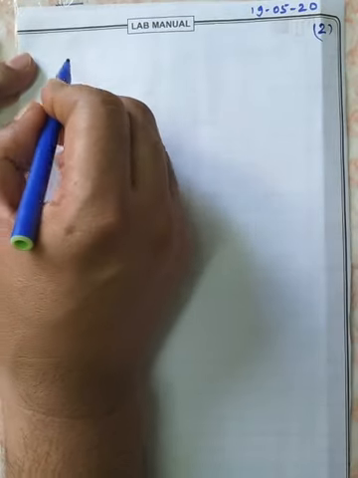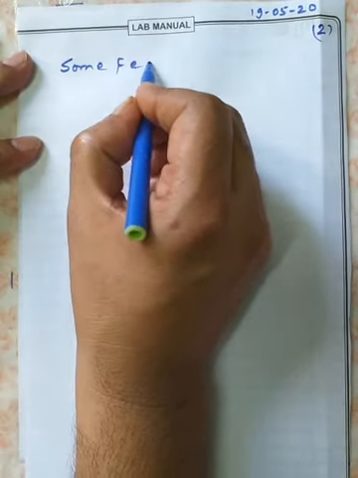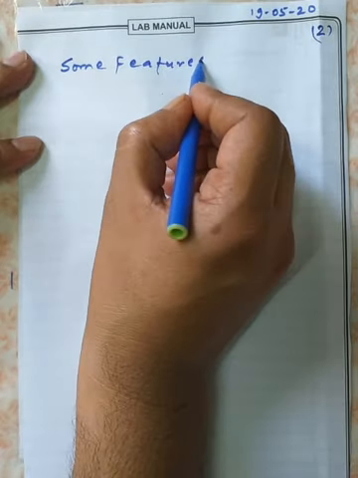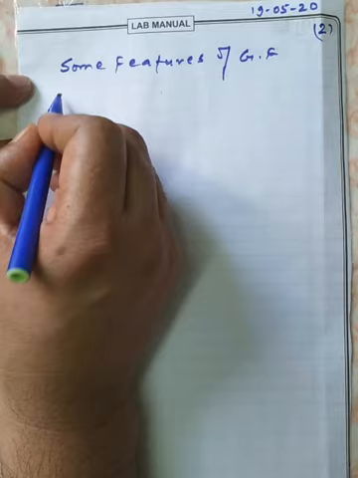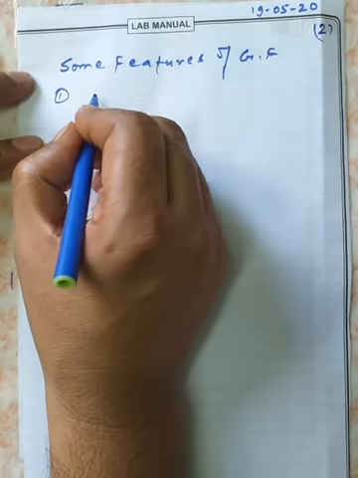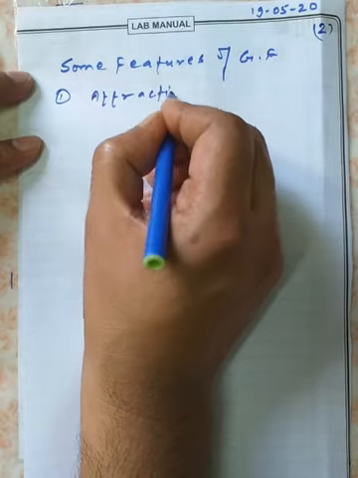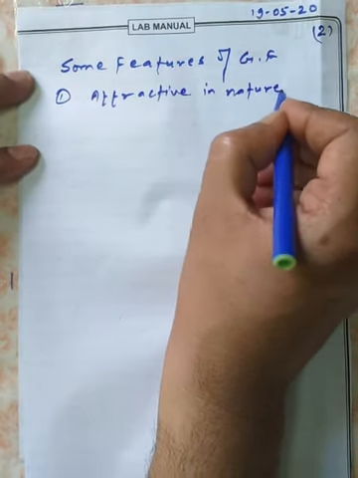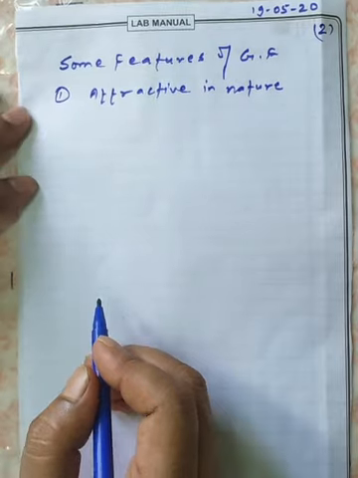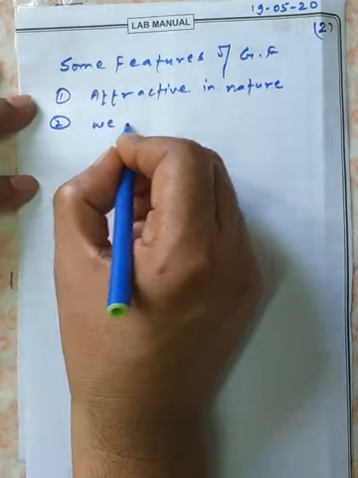Now this force has some basic characteristics, or features, of gravitational force. First, it is attractive in nature. So there is always a kind of attraction between all kinds of bodies. Second, it is the weakest force of nature.